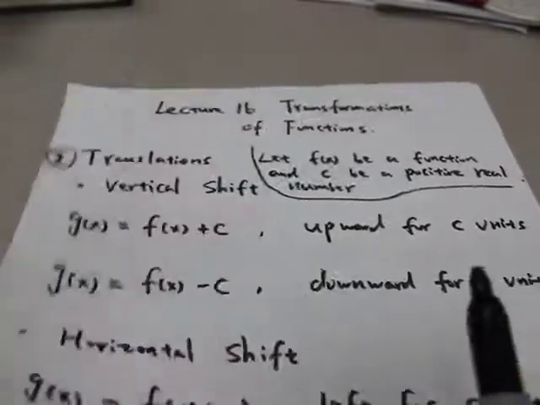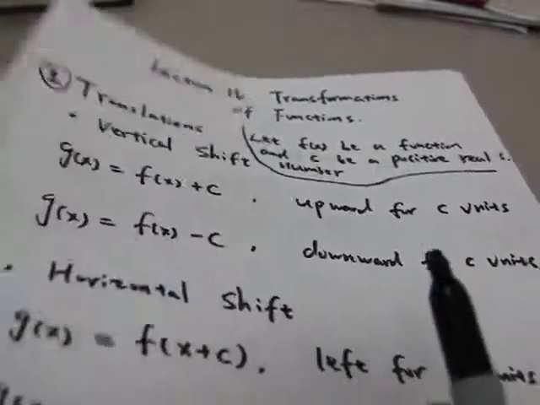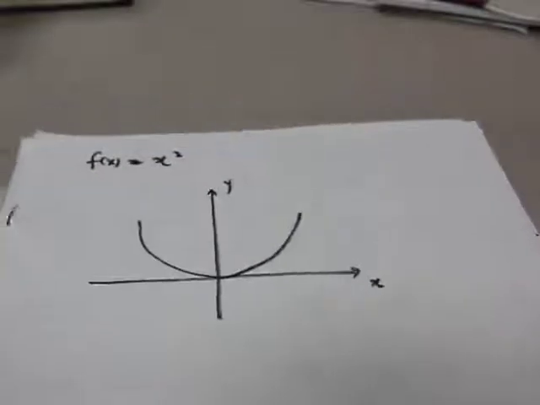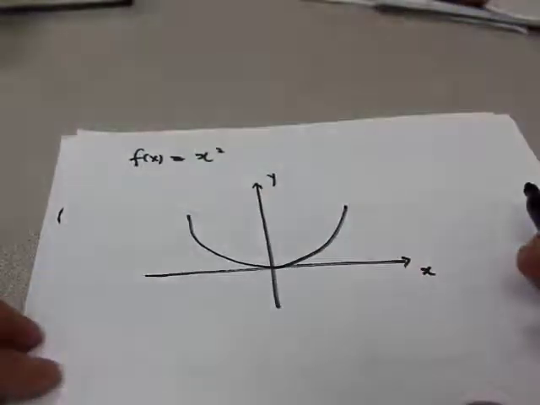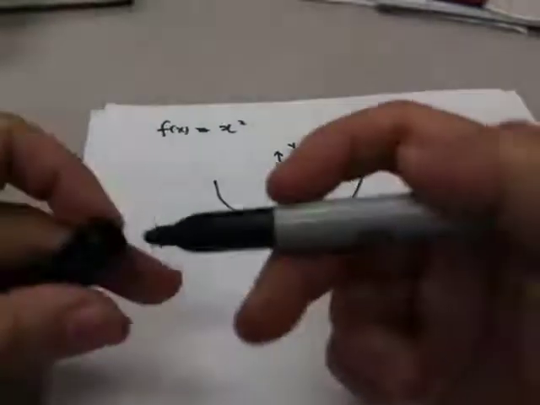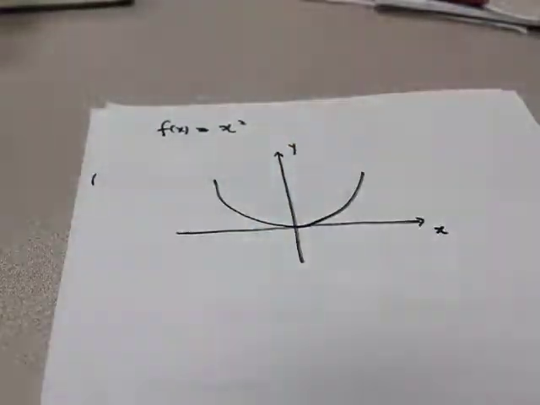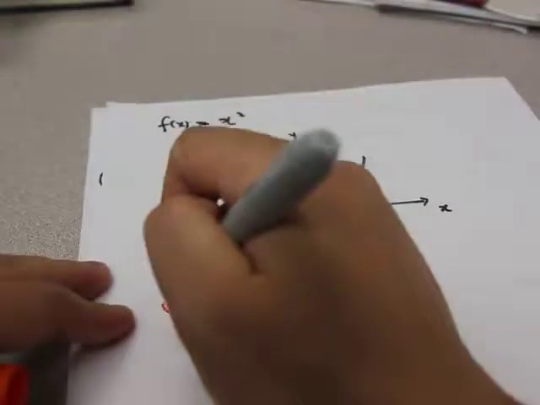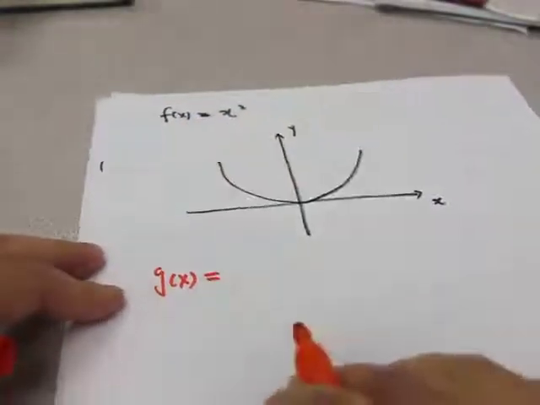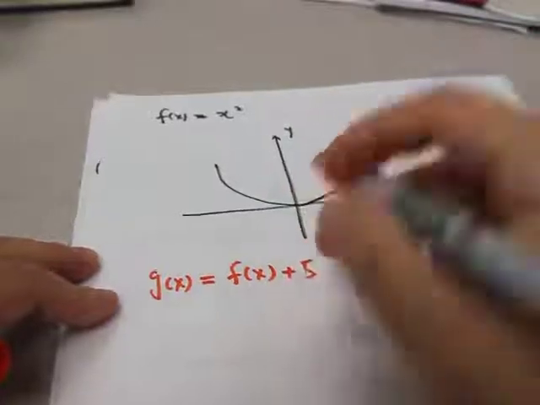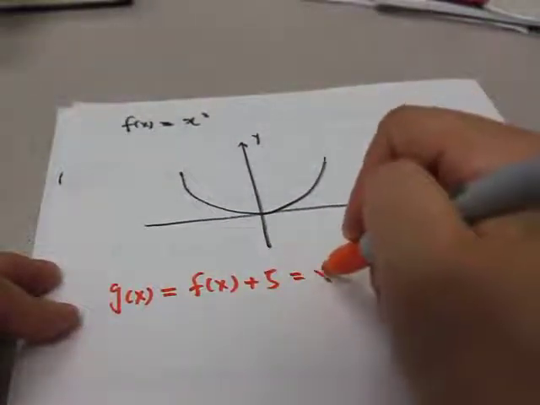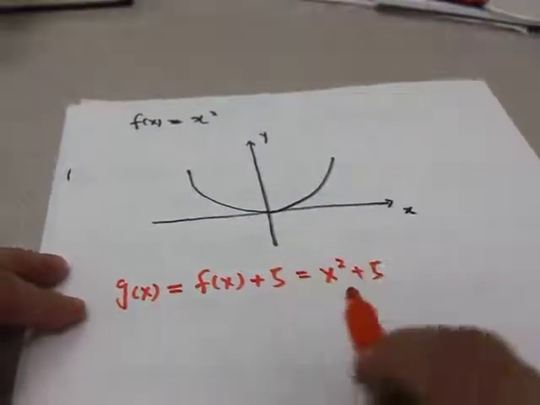So let me use this example to show you what a vertical shift is. For example, here we have this squaring function, right? Now what if we are given the function g(x), and g(x) is equal to f(x) plus 5, which is x squared plus 5.